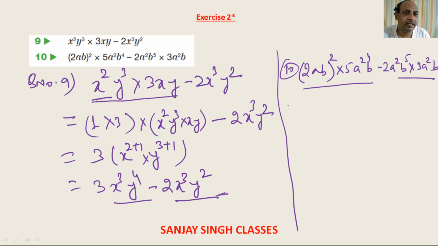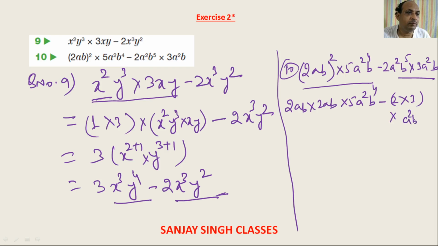So you can say here it will become 2ab into 2ab into 5a square b4. Here 2 into 3 we will write separately, into a square b to the power 5 into a square b.